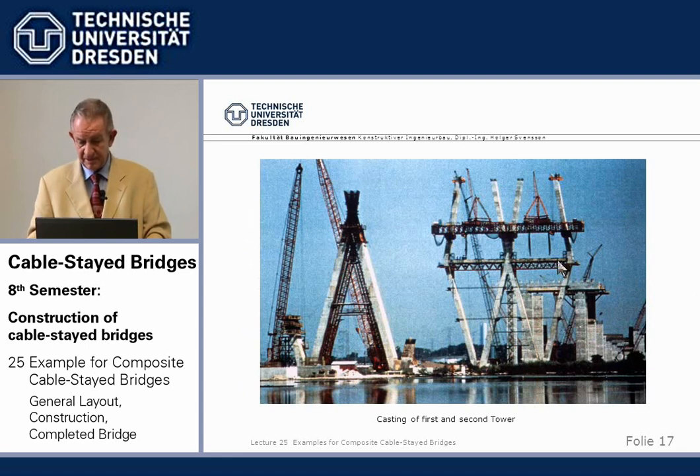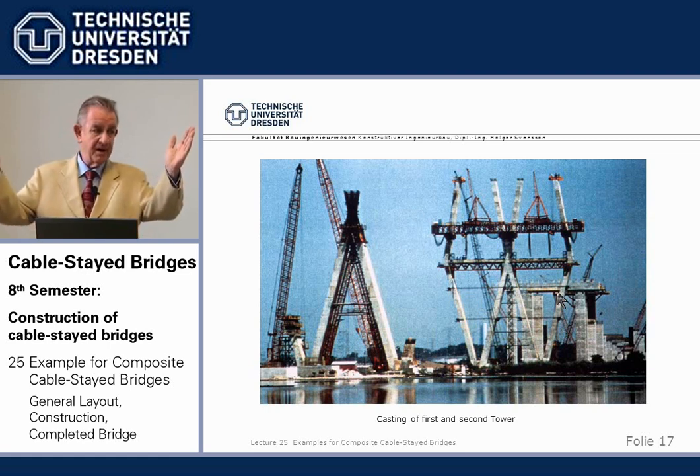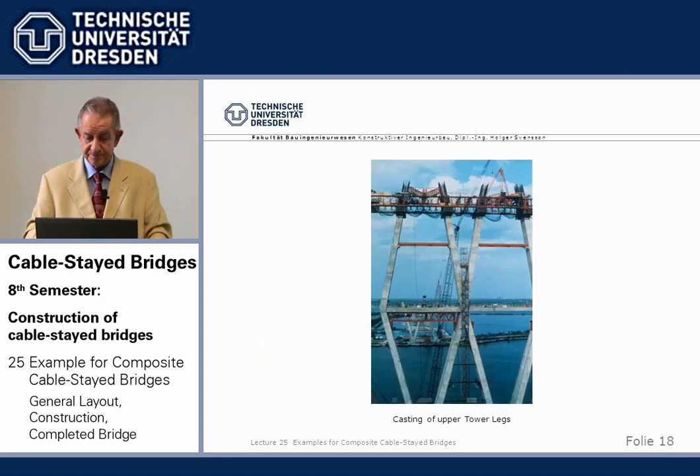Here is the first tower, and here they had already, you see it here, small individual forms for each of the tower legs. Of course, we need transverse ties or struts to take up the inclination, to take up the moments.